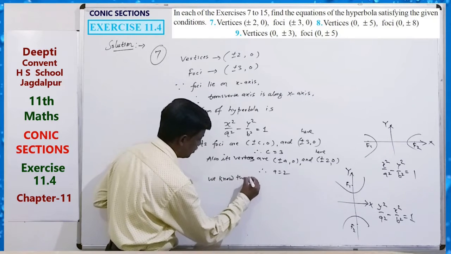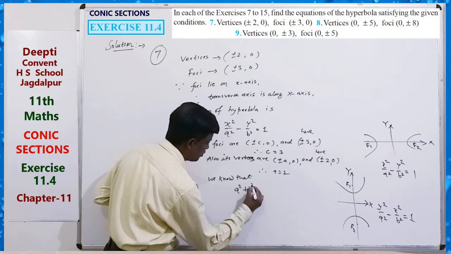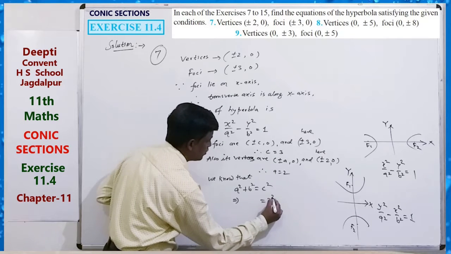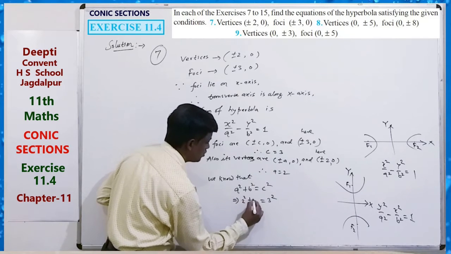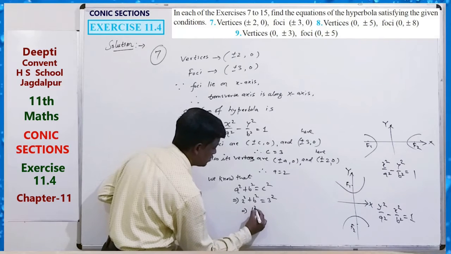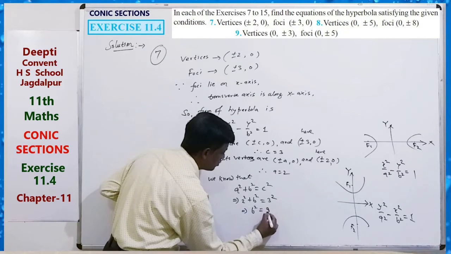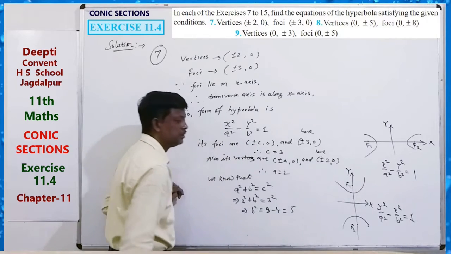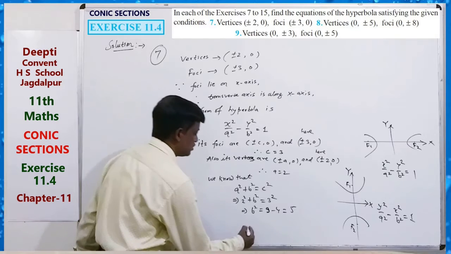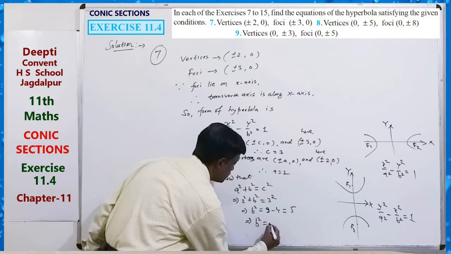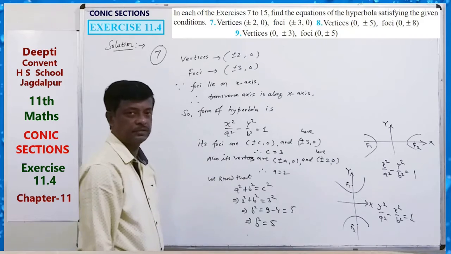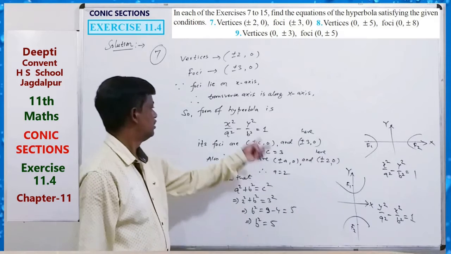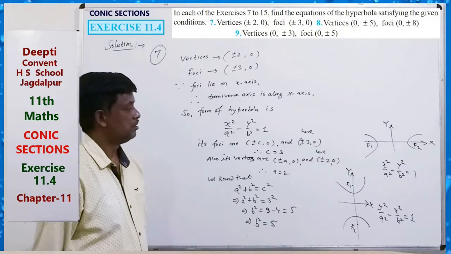We know that a square plus b square equals c square. So here c is 3, a is 2, so b square equals 9 minus 4, which is 5. So b square equals 5. Now we have a and b, just put them in our equation.